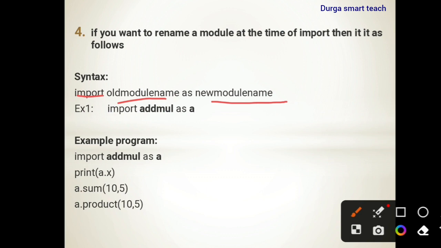Here the old name is addmul, and as means alias, so we are renaming addmul as a. So here addmul is replaced with a. See the example, import addmul as a.